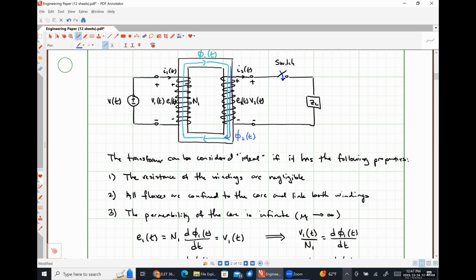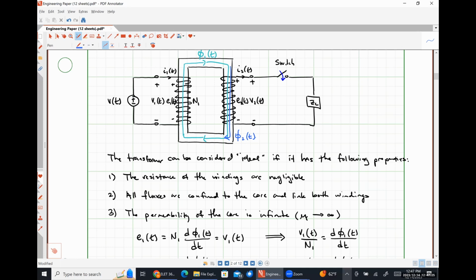Based on the direction of our current as well as the direction of our winding. So it's going to induce a counter MMF in coil 1, because Lenz's law says that I don't want the flux to change.